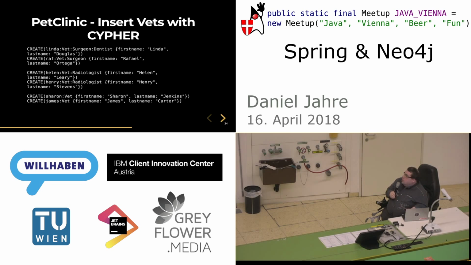So we use, where's my mouse going? Ah, yeah, okay, I see it. First we create Linda, and all these things separated by a colon now are labels. So Linda is a vet, and she's also a surgeon, and she's also a dentist.